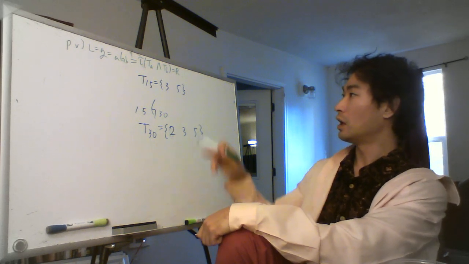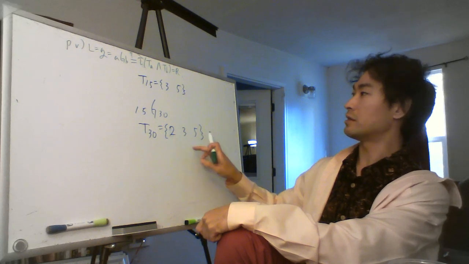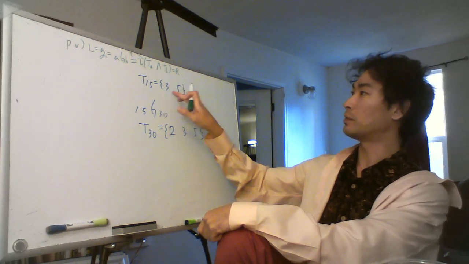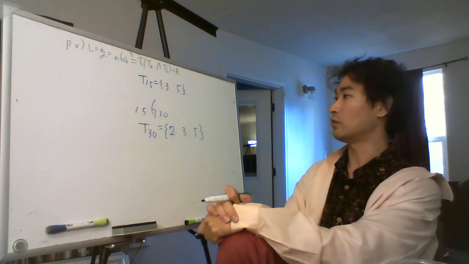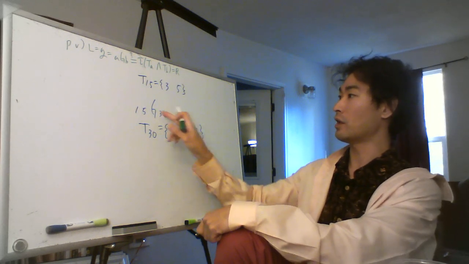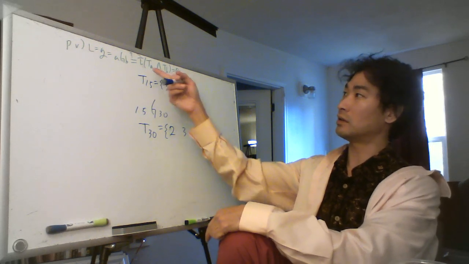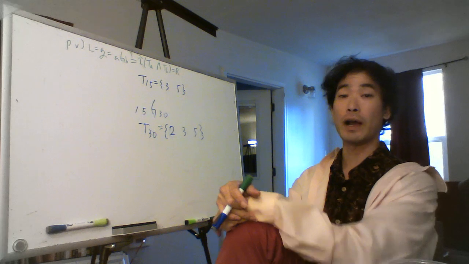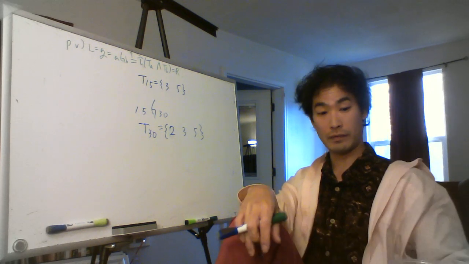So if we intersect these two sets, we get 3 and 5. Multiply 3 and 5, the tau operator, and we get 15, which is the greatest common divisor of 15 and 30. So yeah, this conjecture seems to be correct.